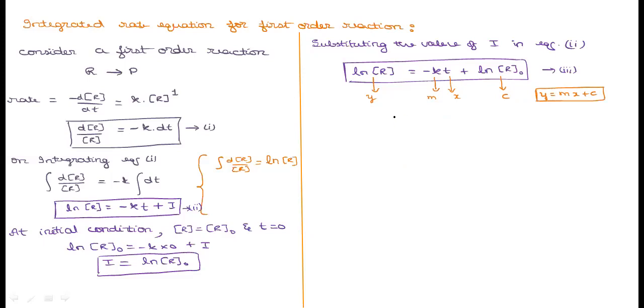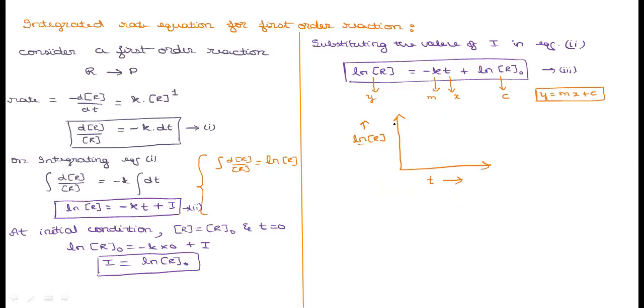So based on that, if we take the graphical form of representation, the y coordinate is ln r. In the 0 order, it is only concentration of r. Here it is with natural logarithm ln r. And the x coordinate is the same, time, both in the 0 order and first order.